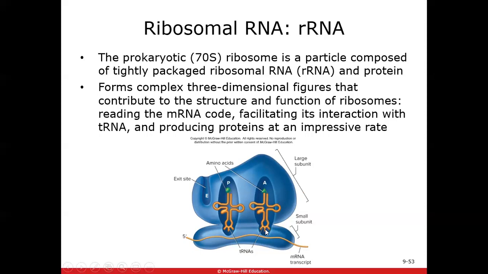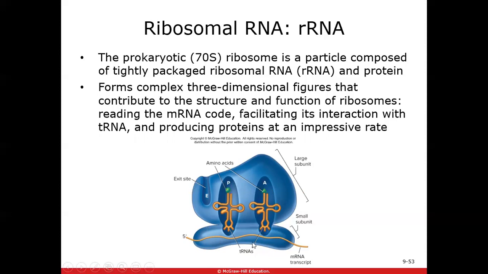The transfer RNA has these 3 bases, and those 3 bases are associated with a specific amino acid. Okay, so this is how the different types of RNA correspond.